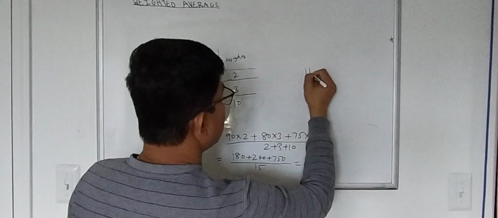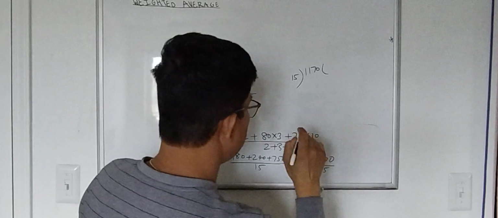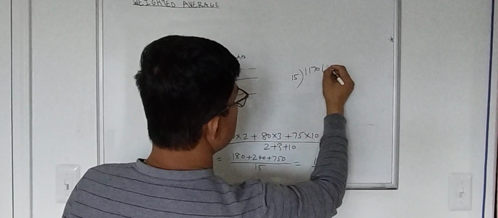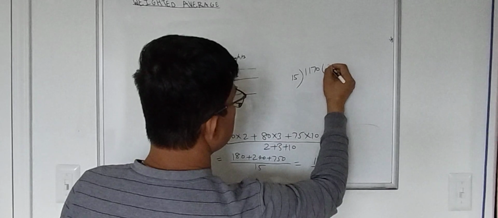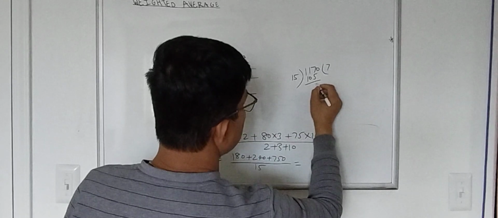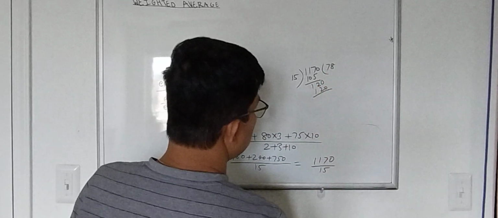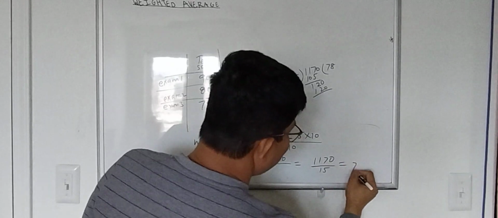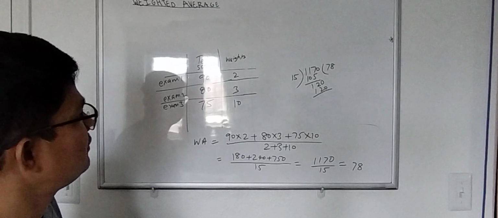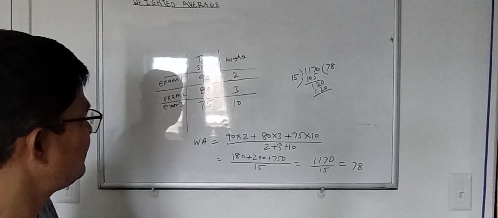Now do the division here by 15. All right, we got the correct combination. Correct. All the sum and division are correct.